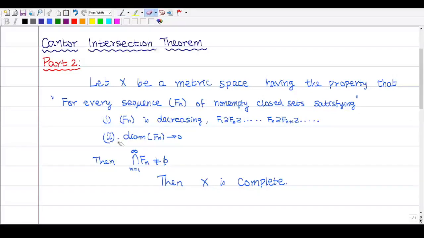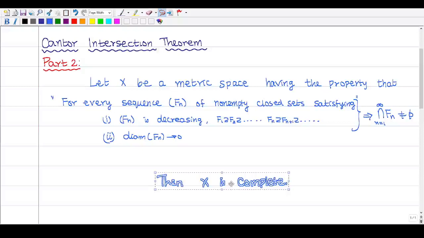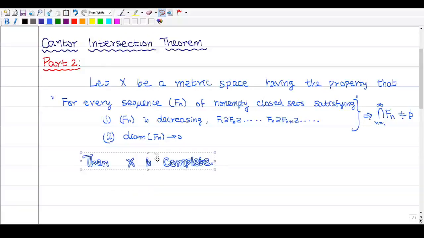So this whole thing implies that this is non-empty. Then we are going to show that this X is a complete metric space. Okay, this is the conclusion.